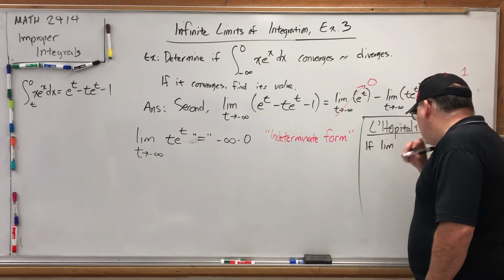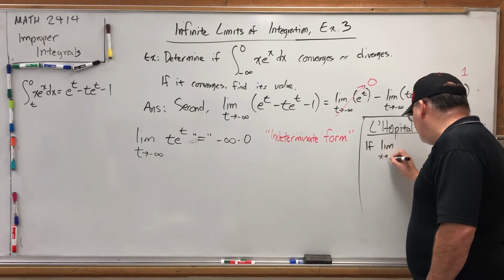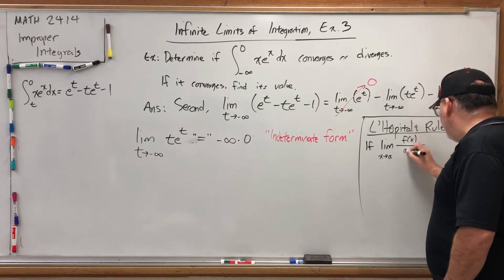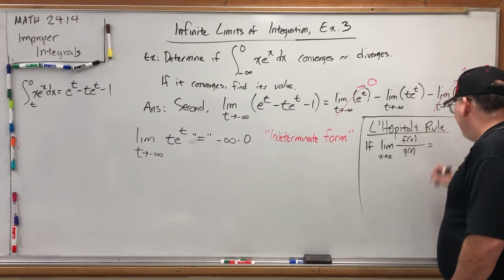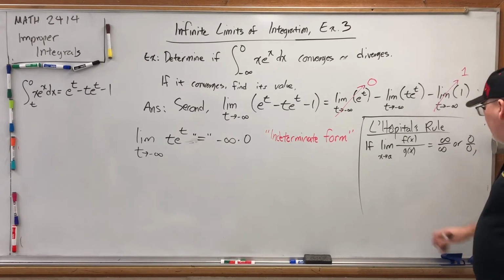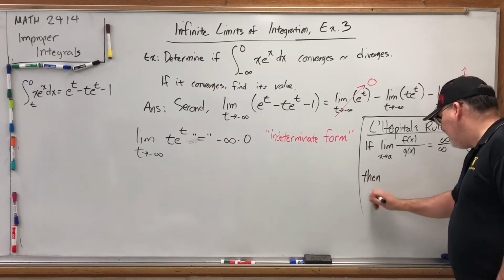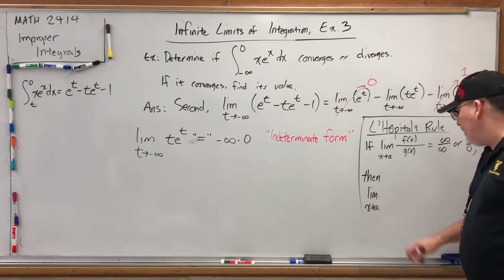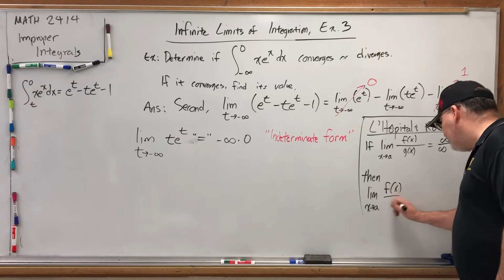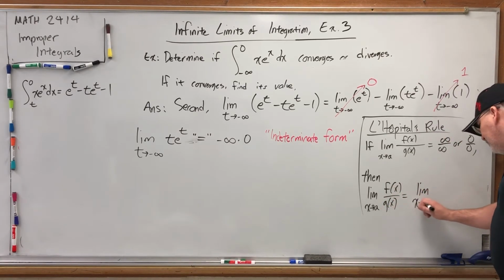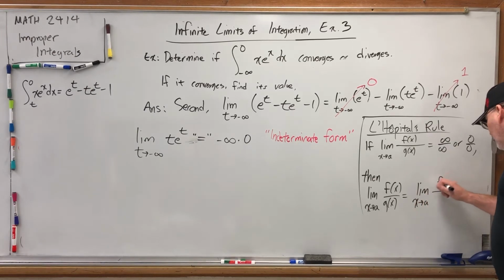If the limit as x approaches some number, we'll call it a, of f of x over g of x equals, and again I'm abusing the equal sign here, infinity over infinity or 0 over 0, then the limit as x approaches that number, and that number can be infinity by the way, of the ratio of those two functions is equal to the limit as x approaches that number of the ratio of the derivatives.